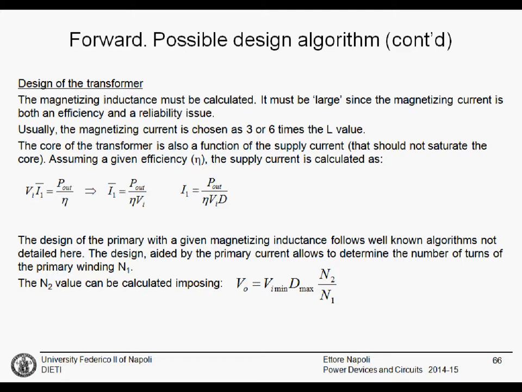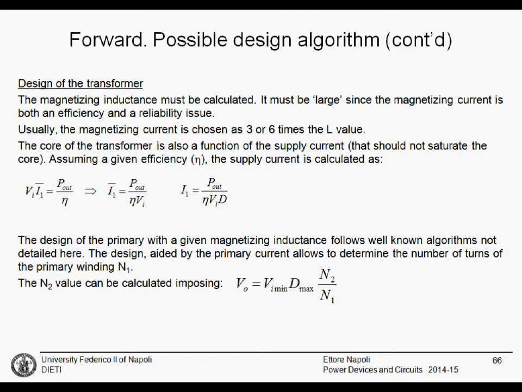Another important point is the average or maximum current into the core of the transformer, because there is a limit on the current that the transformer can handle. Above a certain current, the transformer saturates and the core stops behaving like a magnetic core, and this is a real problem for the circuit.